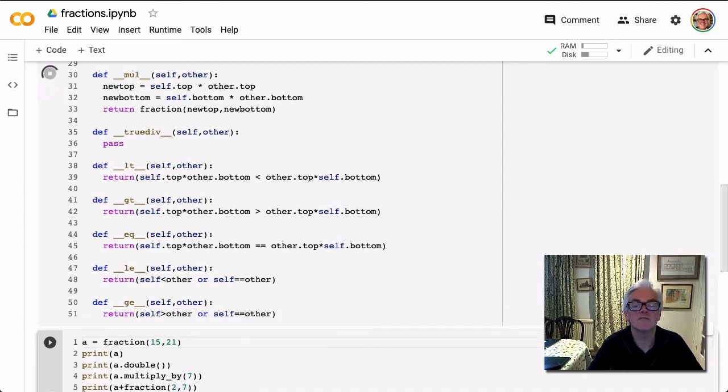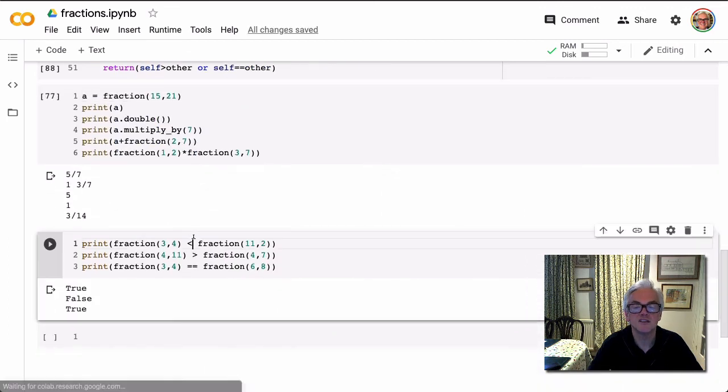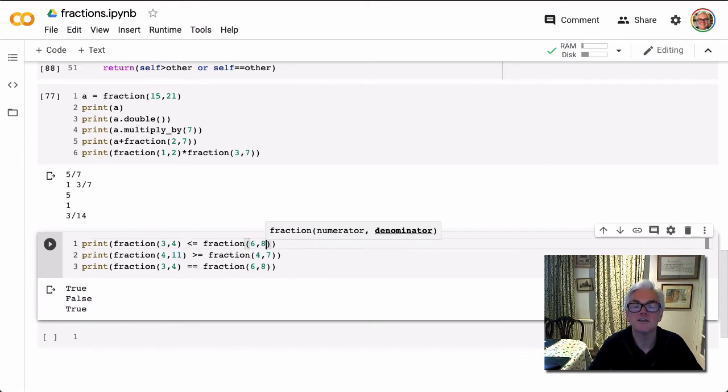Okay. I think that should have worked. Let's just try those out. Let's just see whether they work with greater than or equal to. If it actually does manage to apply those, that seems to be right. So 3/4 is less than or equal to 11/2, but it is also less than or equal to 6/8, whereas 6/8 is greater than or equal to 3/4.